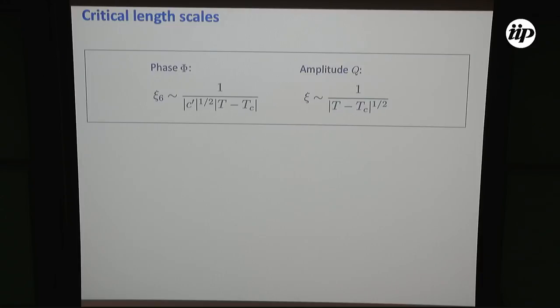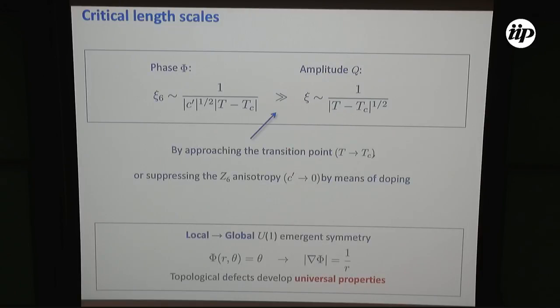Something that is generic for this type of problems is that the behavior as a function of the temperature, for example, is very different. In particular, this second correlation length diverges faster than the correlation length for the amplitude, and also the behavior with respect to the anisotropy term is very different.